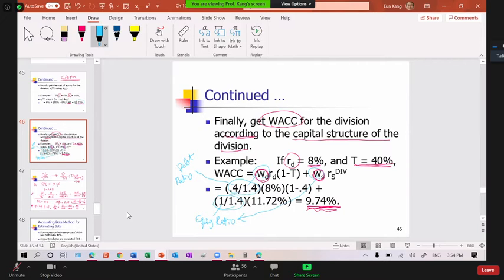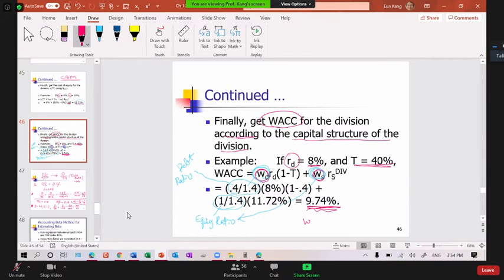Yeah, WD is that ratio: how much debt you have, in percentage, in your total capital. WS is how much equity you have in your total capital. Yeah, it's totally different. Or not totally different. Actually, they're related.